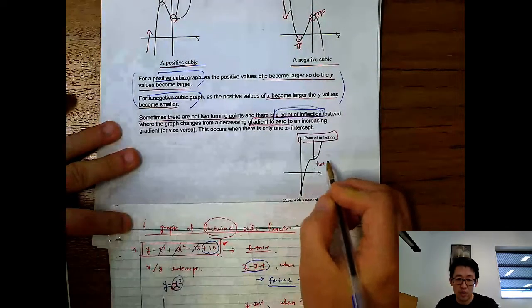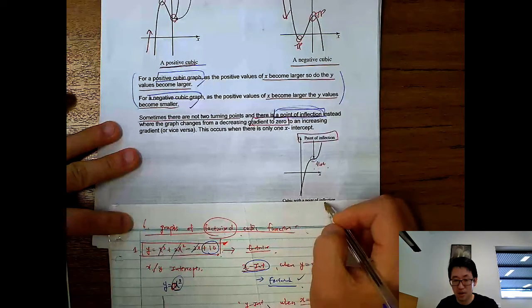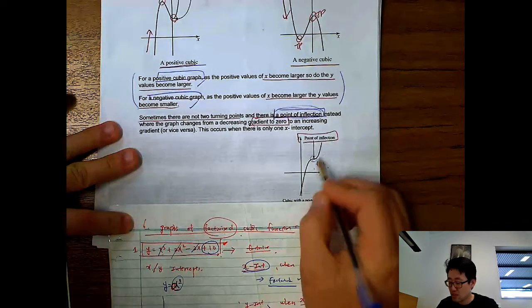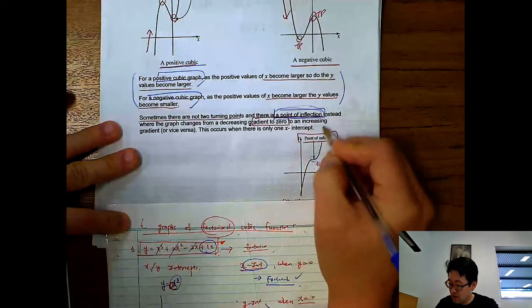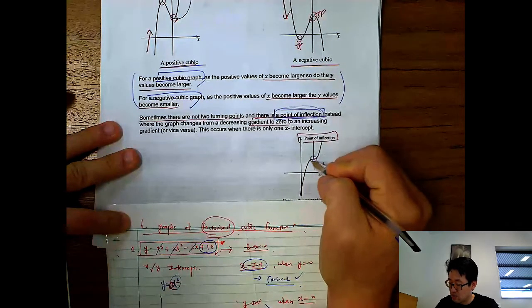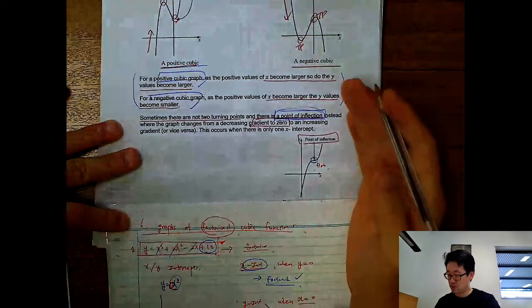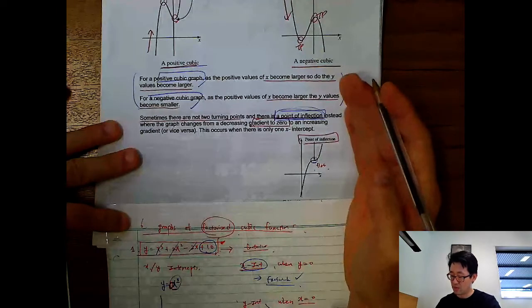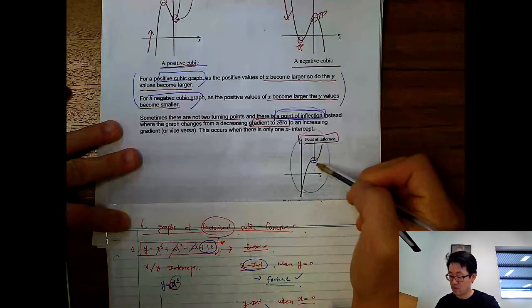I will show you when you have that later, okay? But can you see that? Yeah. So a point of inflection happens when the gradient becomes 0 here. And we don't learn about more specific gradients for level 3, but at least we understand what a point of inflection means.